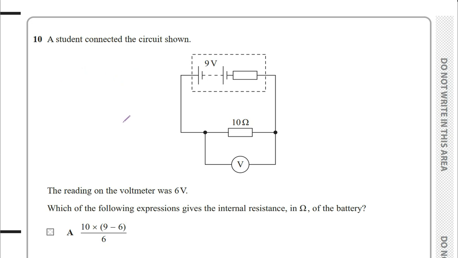Question says, which of the following expressions gives the internal resistance in ohm of the battery? So guys, for this question, you have to recall the concept of potential divider again, which we saw in a previous question.